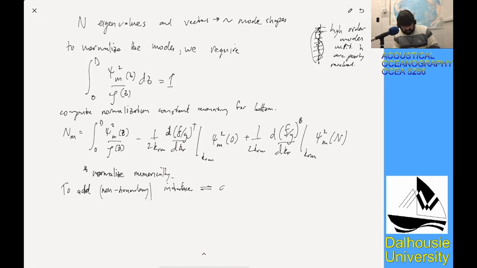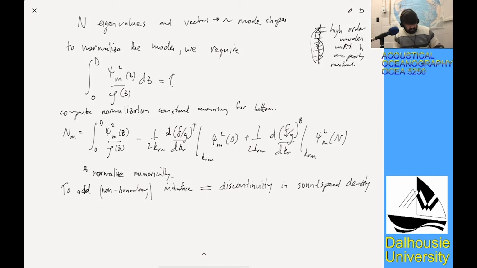Remember with the Pekeris waveguide, we added a fluid bottom. It had a density, it had a sound speed, it was a fluid. We wanted it to represent an actual seabed. But the main difference was that the sound speed was discontinuous.